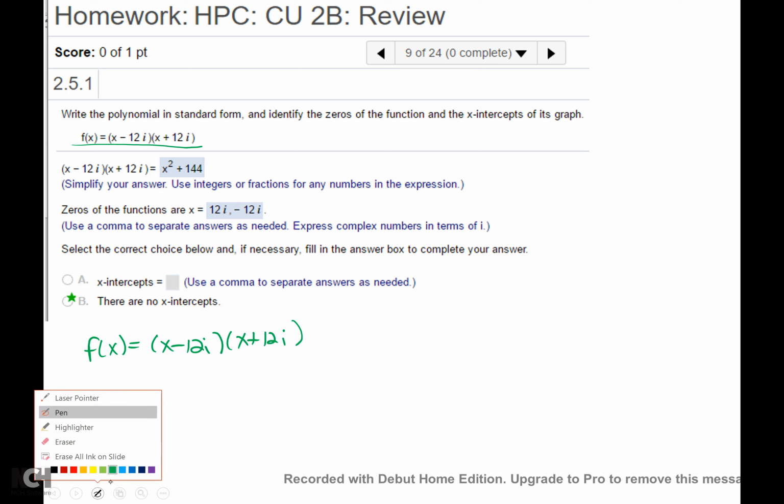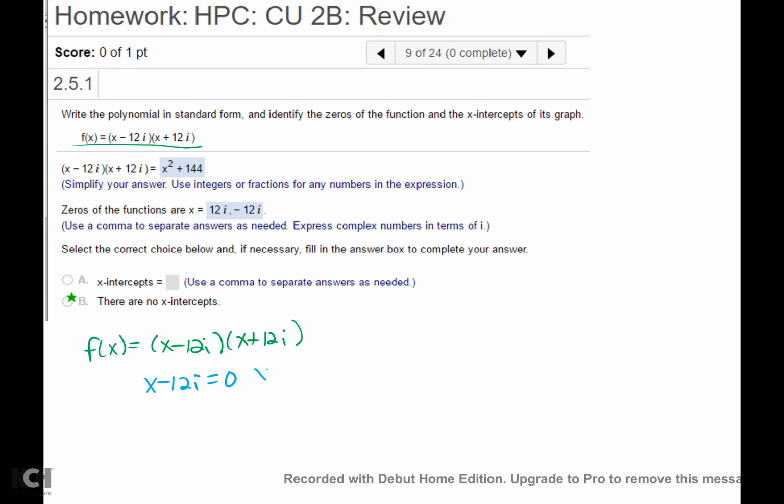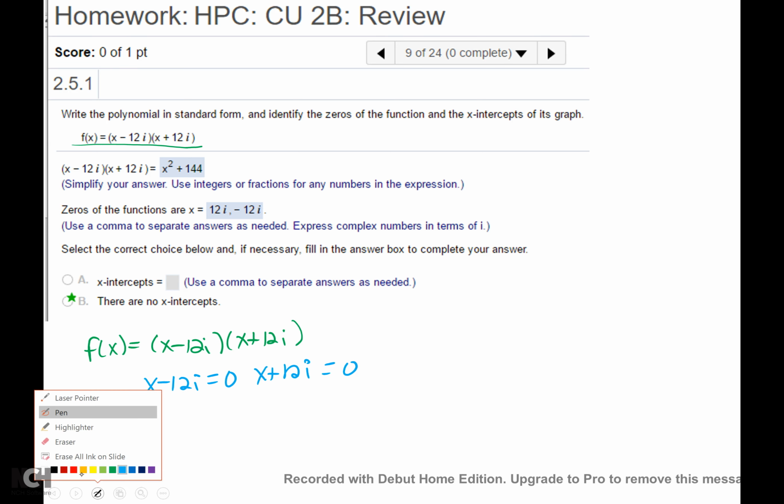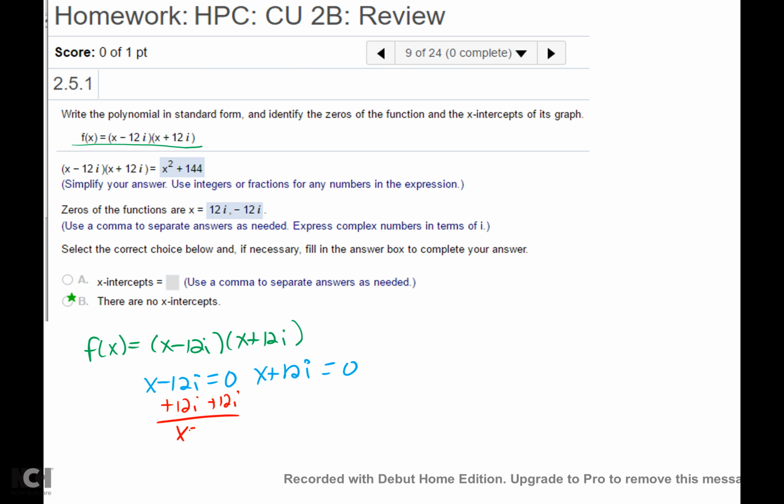If I want to get the zeros from that, you set the factors to 0 and solve. We'll get x alone. So add 12i, x equals 12i, minus 12i, so x equals negative 12i. Okay, so those would be my zeros.